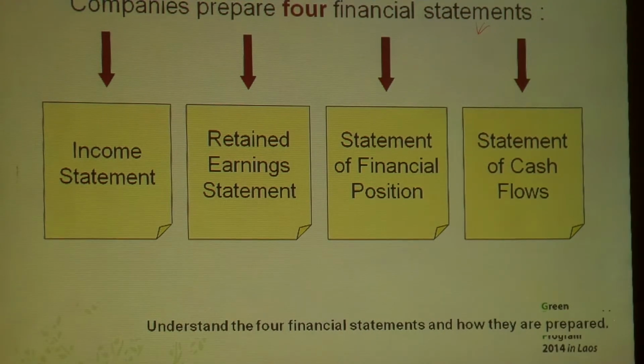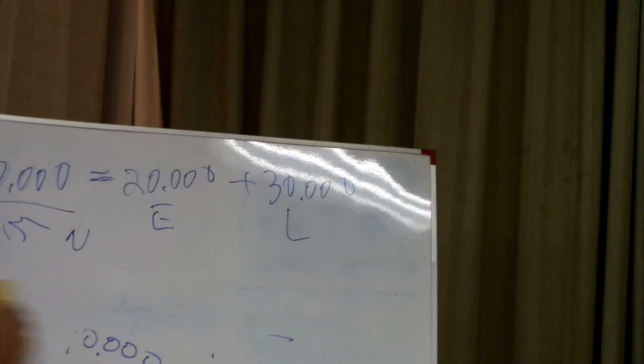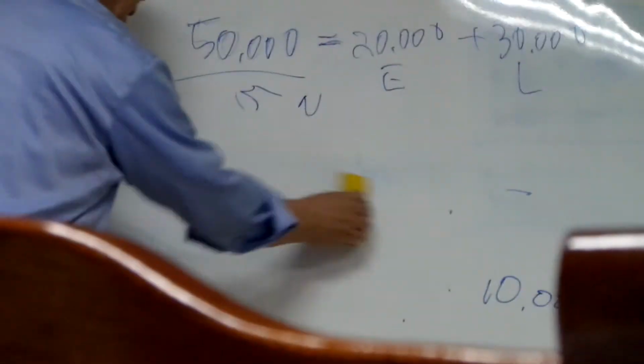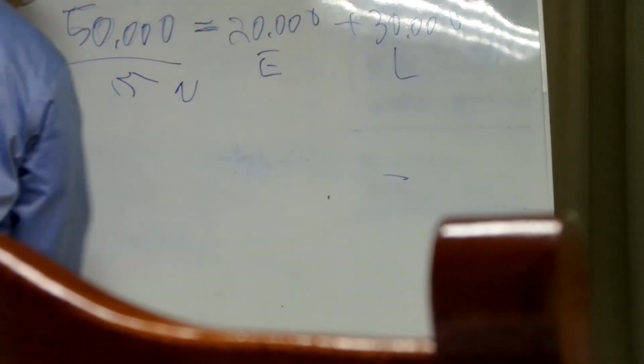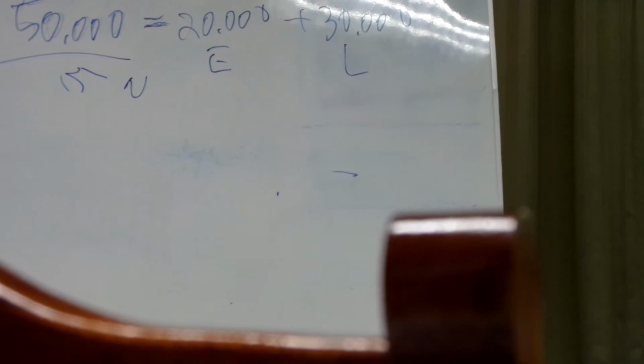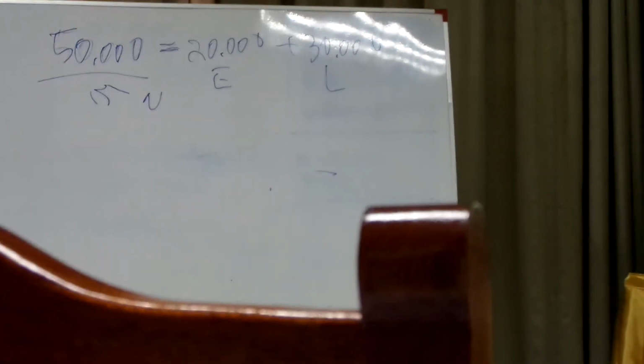Okay, what you have to do is, on the balance sheet, listen carefully. After making this entry, depreciation expense 10,000, and under the balance sheet over here.